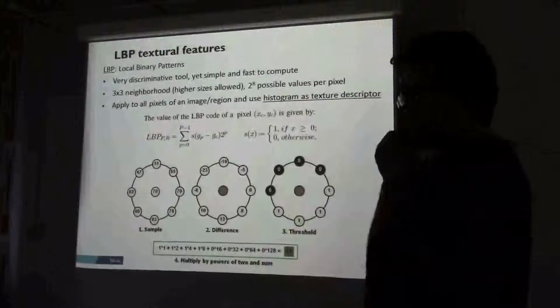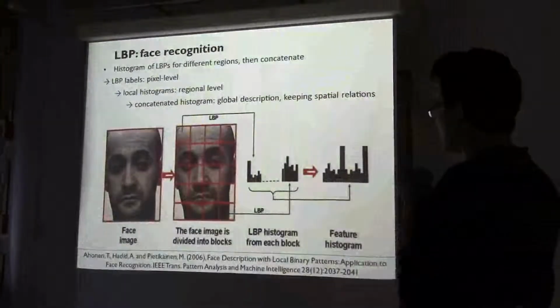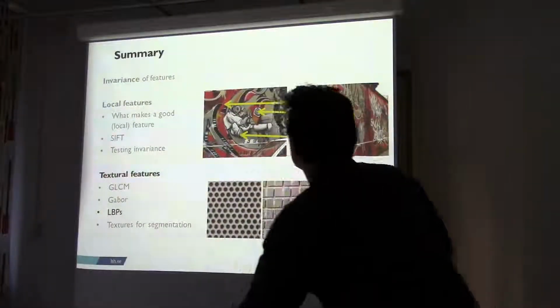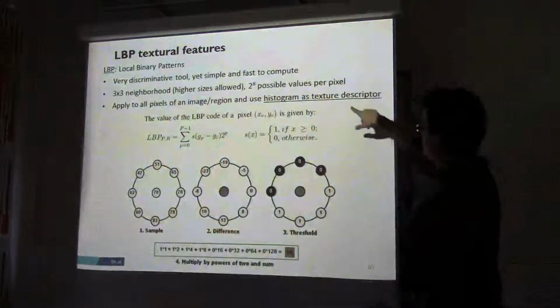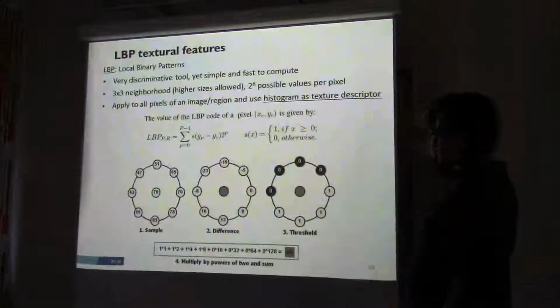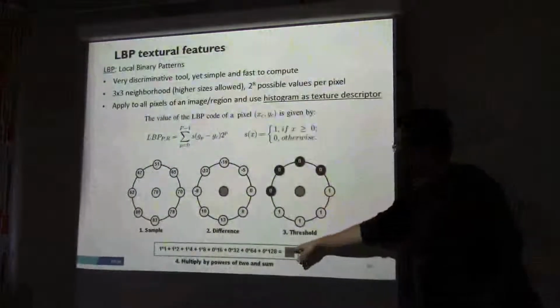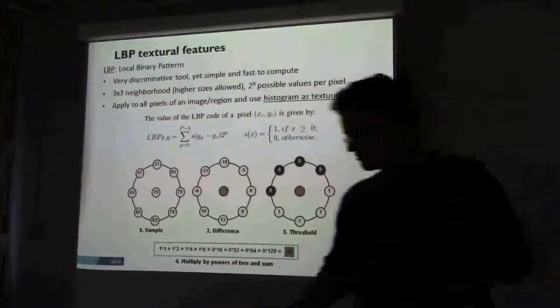Or you can do it in different ways. You get the histogram. Don't concatenate all pixels; you get the histogram of values of all the pixels of your image.